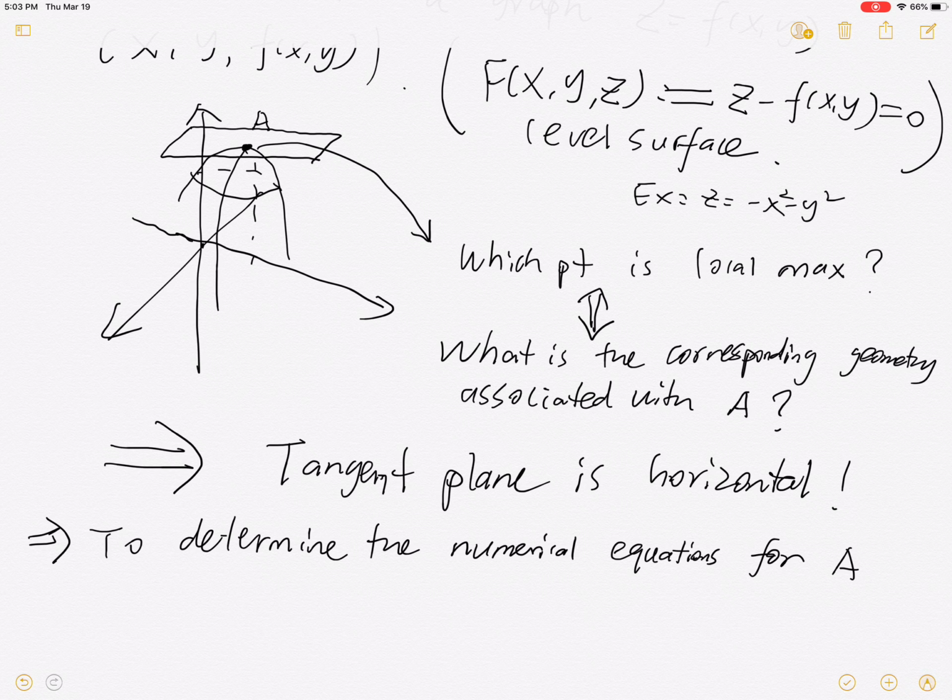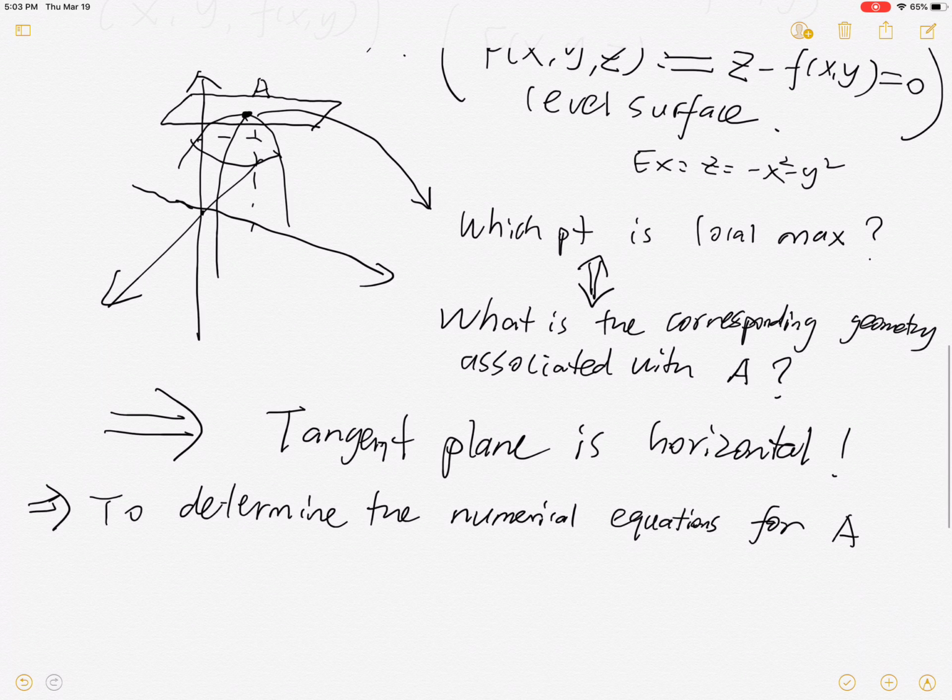So think about how to do that. We should use the geometry of the tangent plane. What is the numerical criterion for a plane to be horizontal?